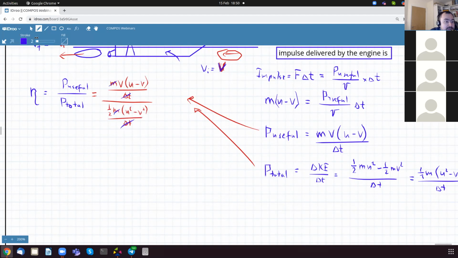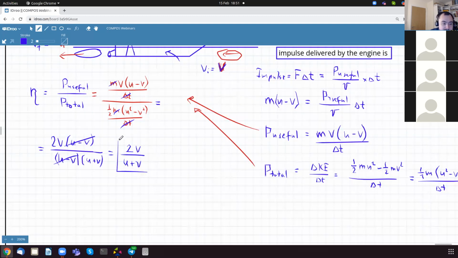Mass of the water cancels out. We get v (u minus v). There is the 1/2, so the 2 goes on top. And we have u squared minus v squared, so that's (u minus v)(u plus v), and we get 2v divided by u plus v.